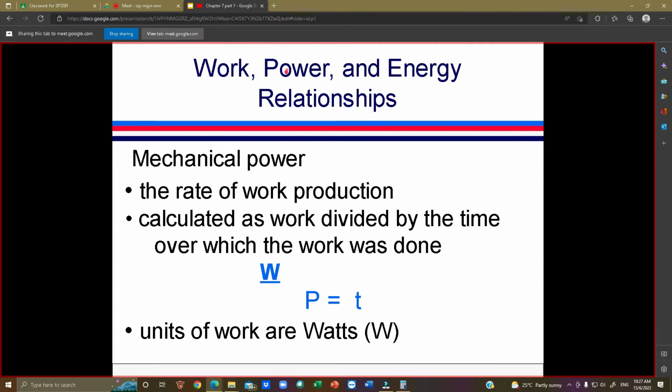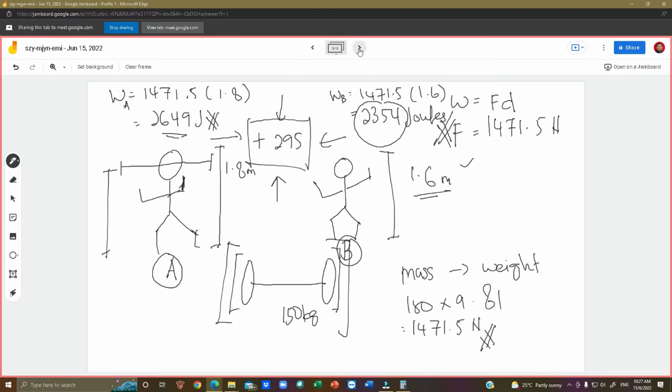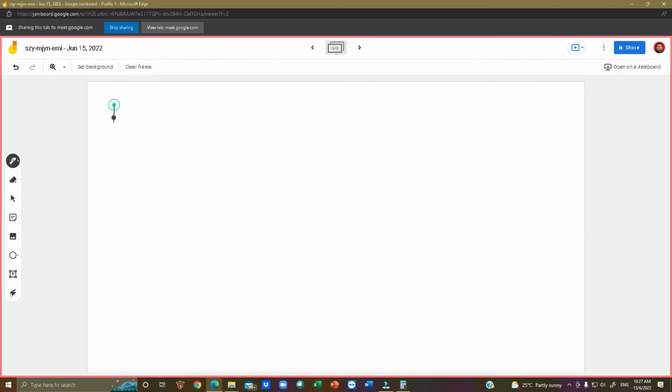Ni kalau orang sebut, kau power, kau tak power, kau power, kau tak power kan. Okay. Power is actually the rate of work being produced. Jadi kita ada work over time. Okay, power can be defined as this one. Power equals work over time. Okay, equals work, tadi kita ada apa?